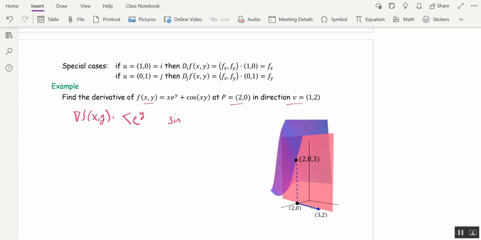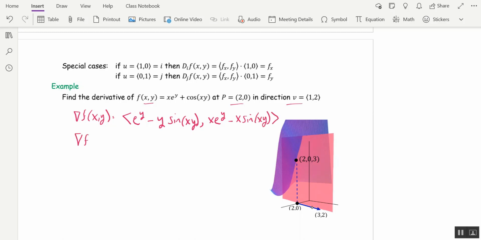The derivative of cos is negative sine xy. And in front, I'm going to multiply by the derivative of the inside with respect to x, which is y. So I get e to the y minus y sine xy. And then partial with respect to y is simply x e to the y. Then I'm going to do the same thing, except I'll get negative x sine of xy.